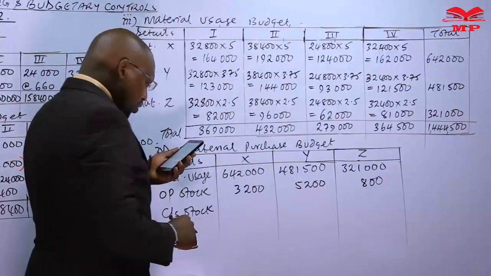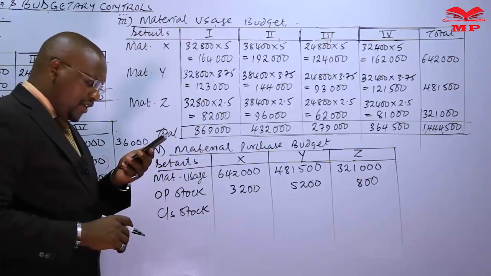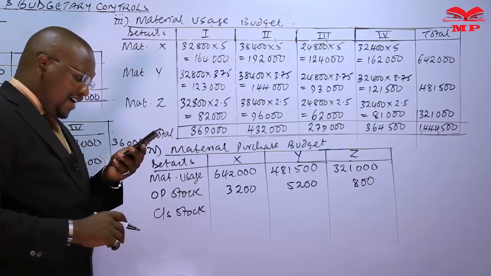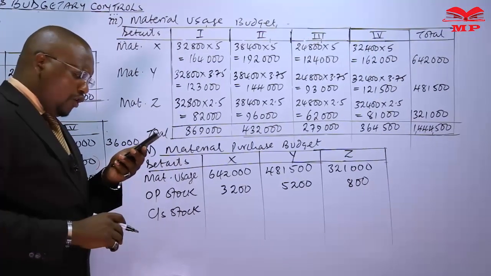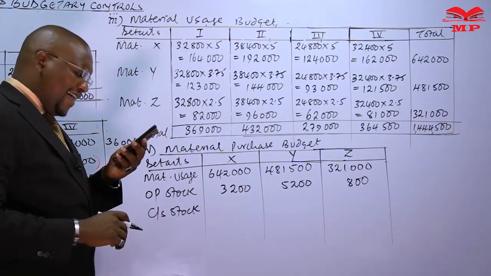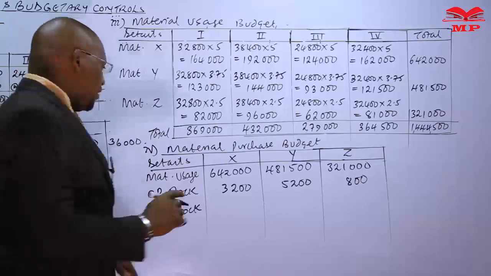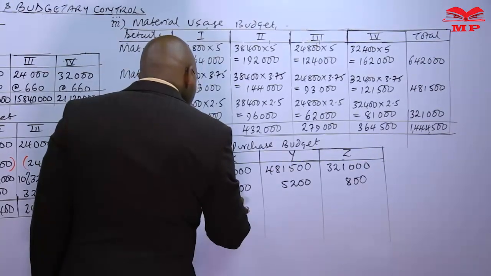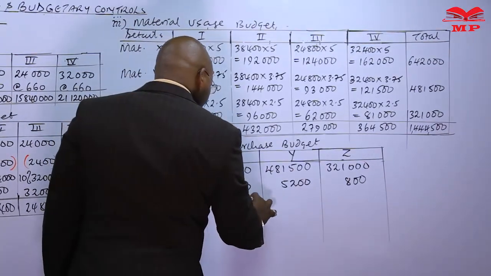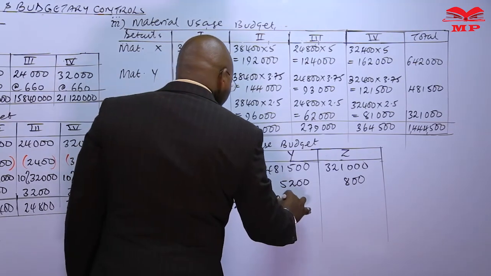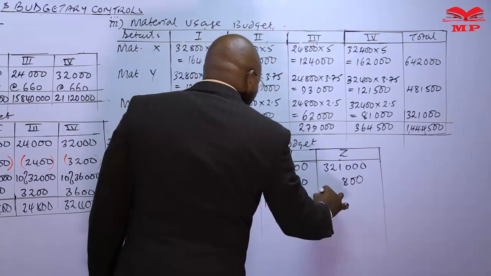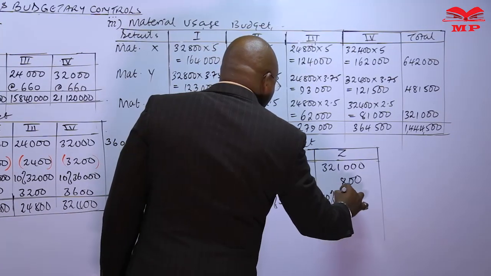Then the closing stock, we have been given in information number 5 that the closing stock of raw materials is expected to be higher than opening by 10%. So this is going to be 110% of 3,200, 110% of 5,200, and 110% of 800.